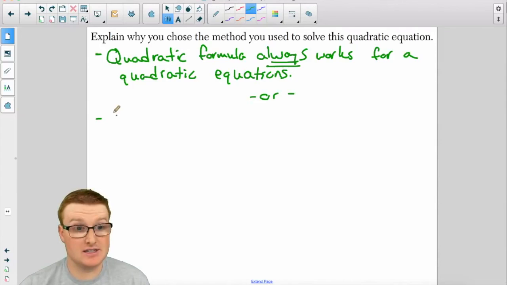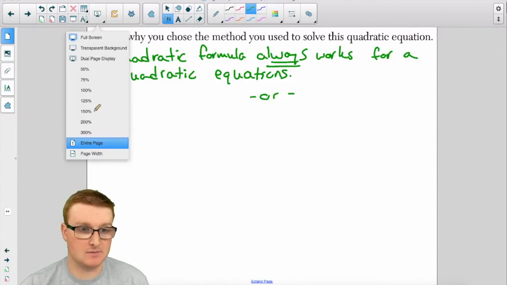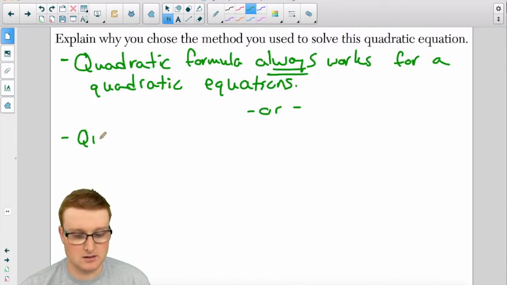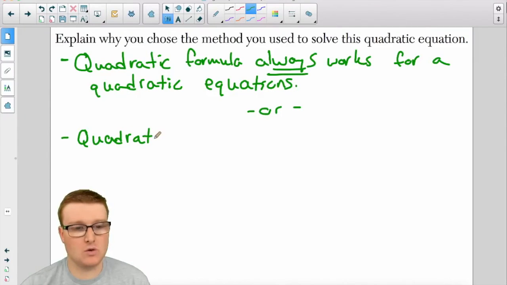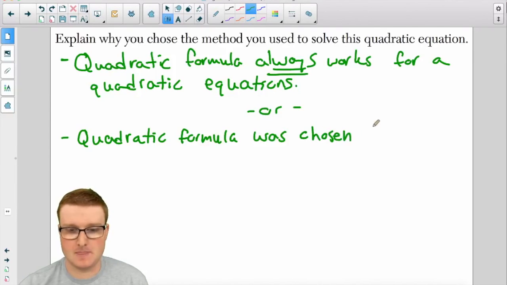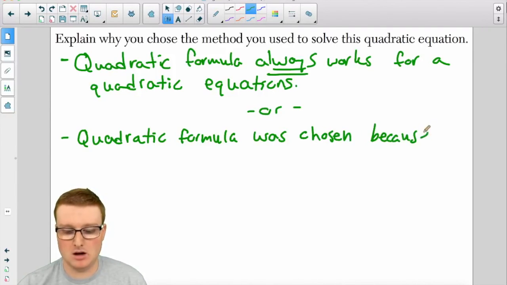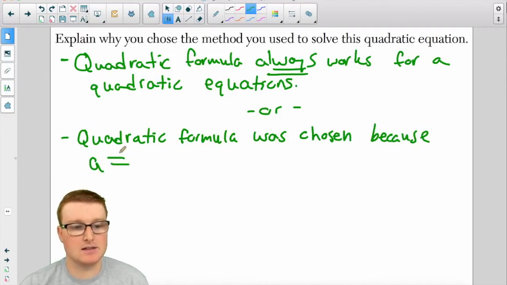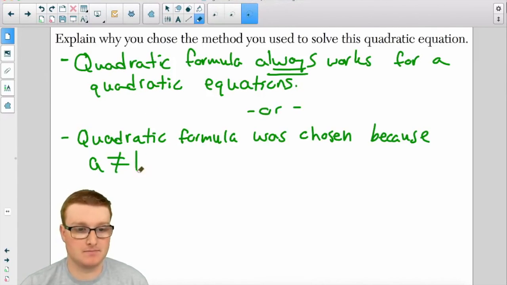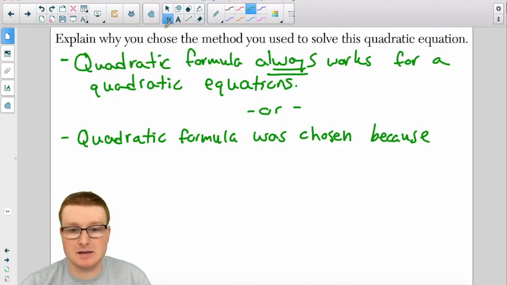Trevor did it this way. I said this: the quadratic formula was chosen because a does not equal 1. Oh, no, I'm sorry. Skipped a line.